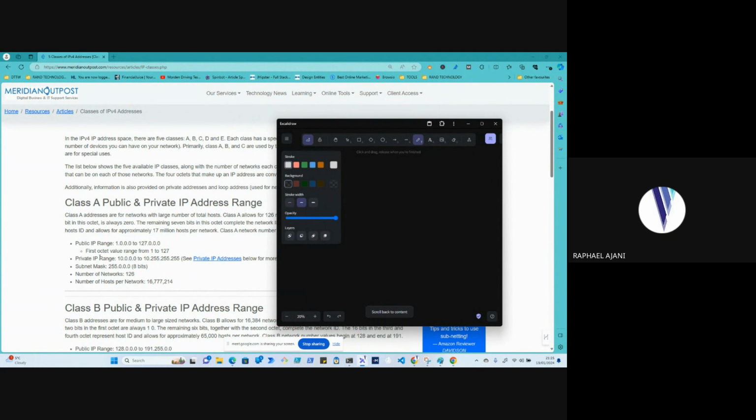So now if you look at this statement here, it says the first octet value ranges from 1 to 127. And so if we have 1.0.0.0, this number will move like this to 255 before this one becomes 2.